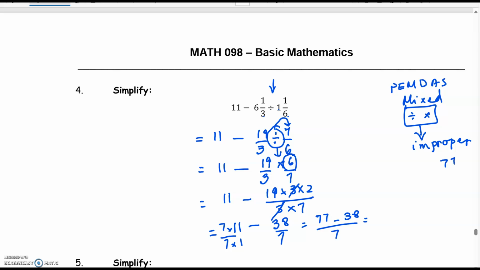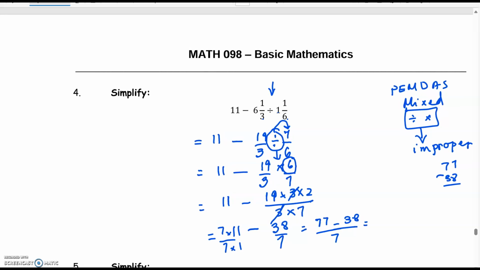It is 77 minus 38. 8 plus 9 is 17. This becomes a 6. 6 minus 3 is 3. So that's a 39 over 7.